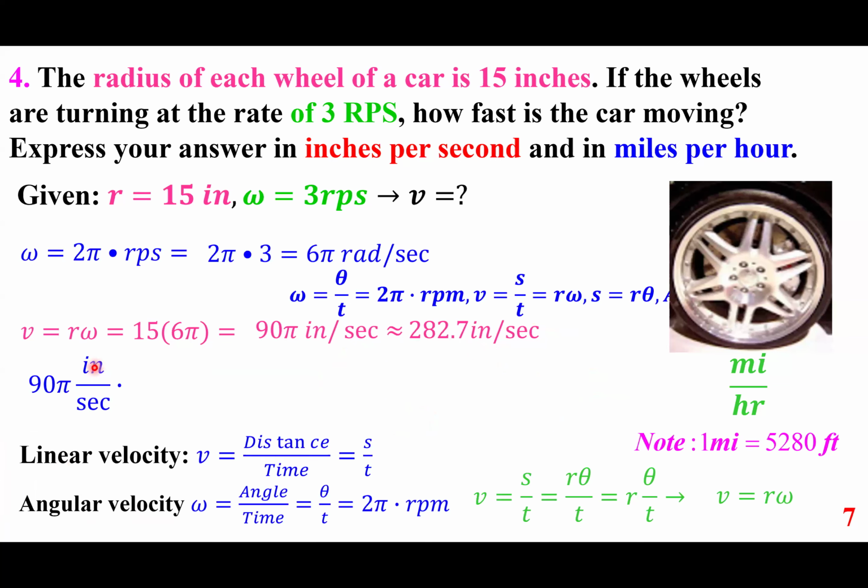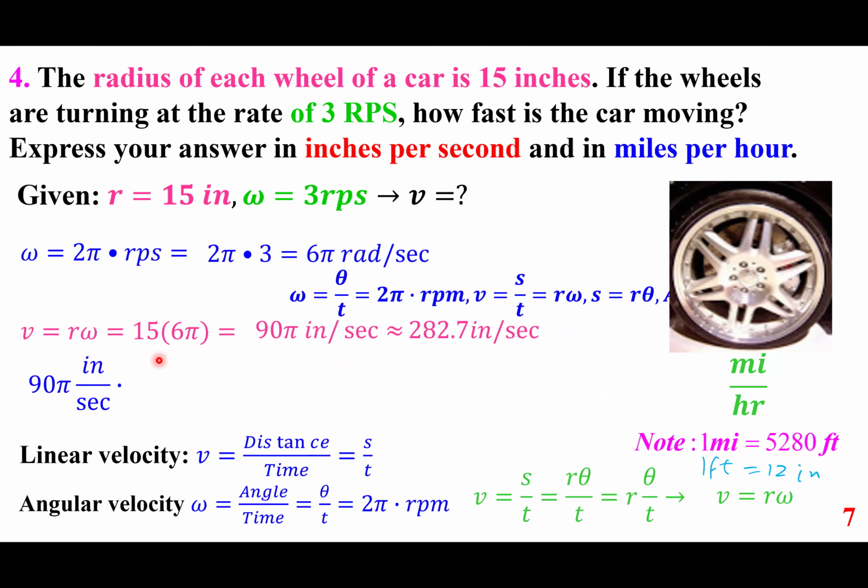So I want to go from inches to miles, and I want to go from seconds to hours. So from inches, we know 1 mile is 5,280 feet. And 1 foot, 12 inches.